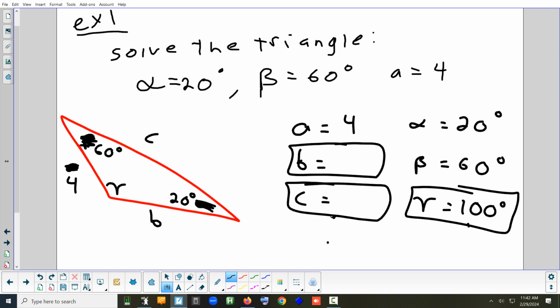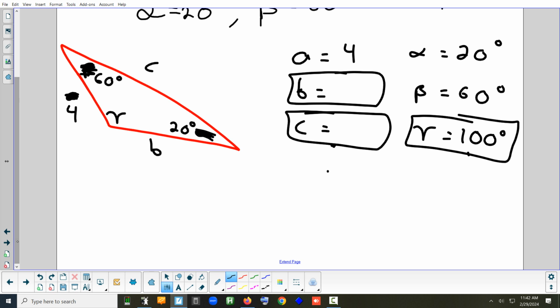That won't have any effect on B. B is totally separate. That's a different row. So you could still get B right if you got gamma wrong. Any questions on gamma? Double check it, make sure it's right. Looks good.